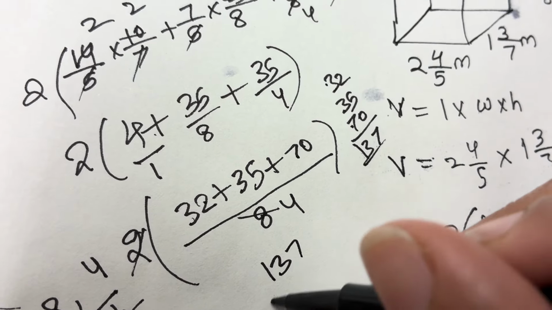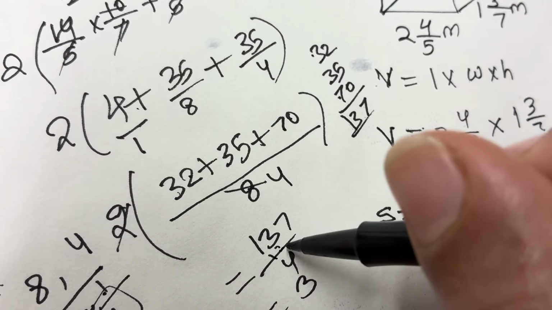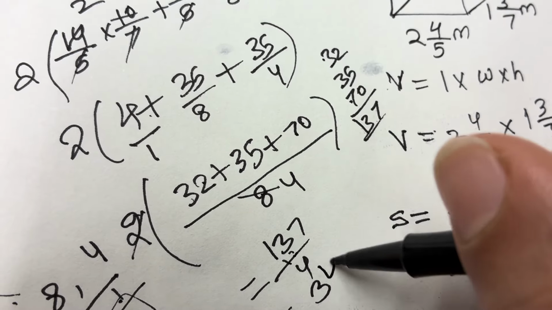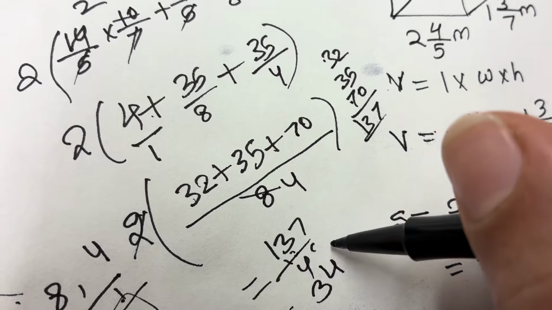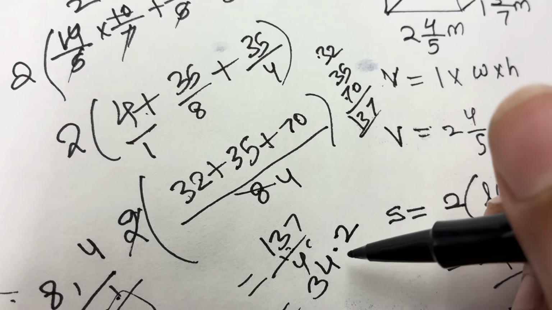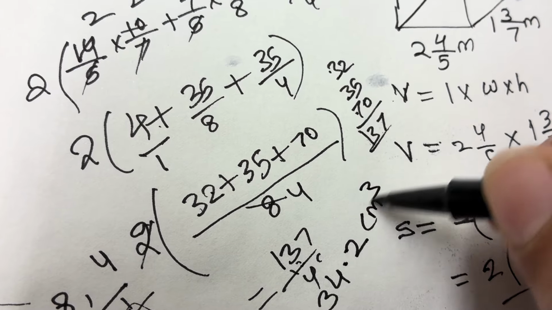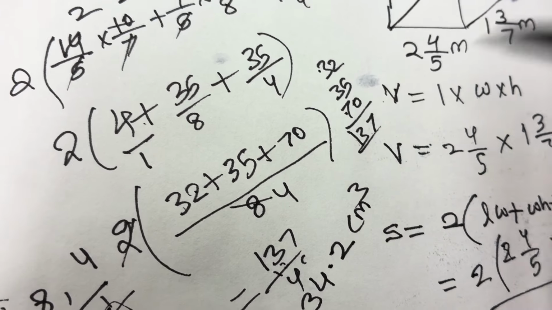So 137 over 4, which is 4 times 3 is 12, and 1 and 7, 4 times 4 is 16, so it would be around 34.2 square meters is the surface area.